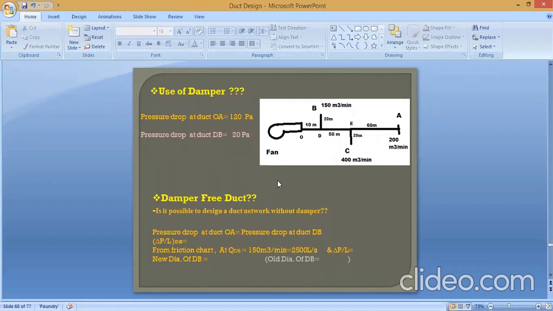It depends on the amount of closing of the damper, and accordingly bypassing of air is avoided. That is the use of damper. I hope now you understood well what a damper is and why it is used. Damper allows you to do a kind of balancing act, you can say.